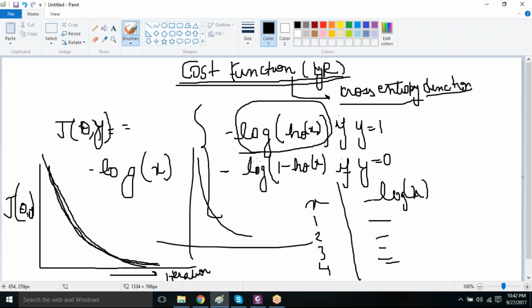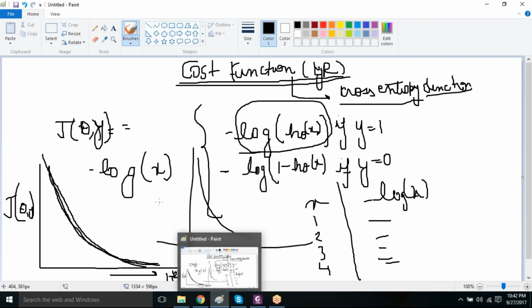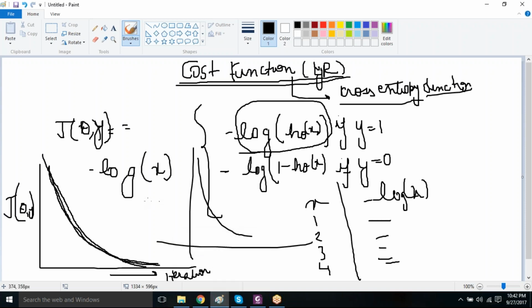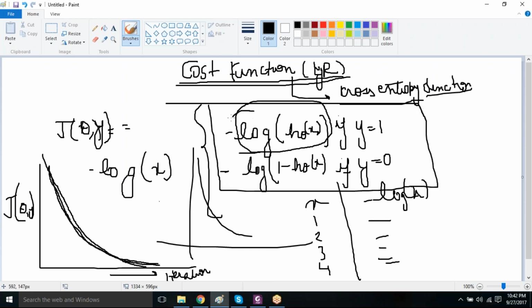But a corporate person, I don't think they will go into logistic regression in this detail. But anyway, you just need to understand that this is the cross entropy function which is used for calculating the error of logistic regression.